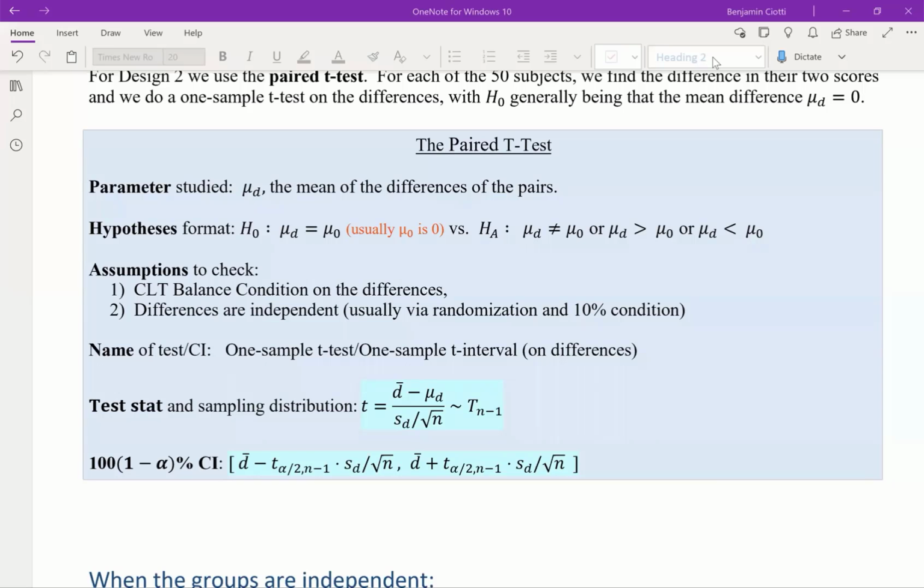And since we have a sample of size n and we're doing the t-test, this should live on the t-distribution with n-1 degrees of freedom.